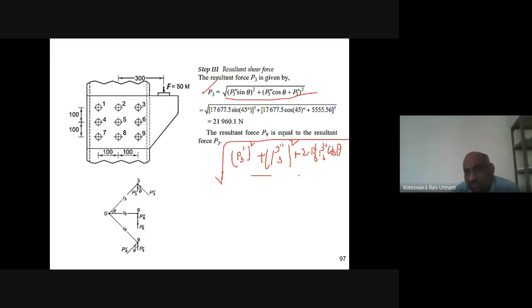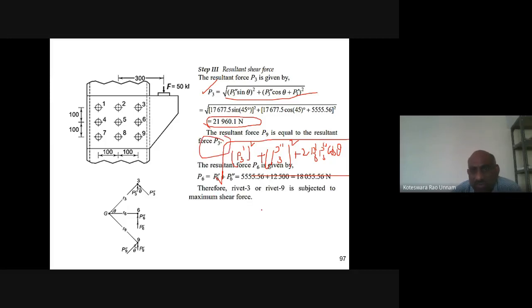You need to apply the square root. Both are the same, only in a different format. If you do that, you get our resultant force as 21,960.1 newtons. This is the resultant force we need to use to compute the diameter of the rivet.